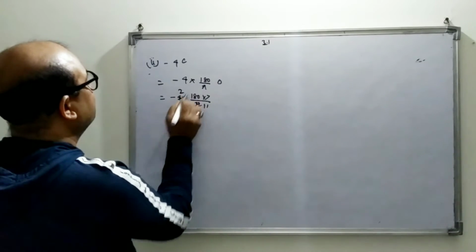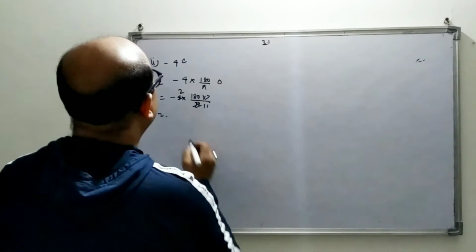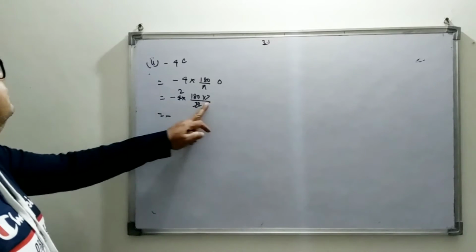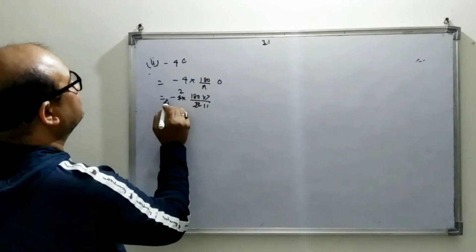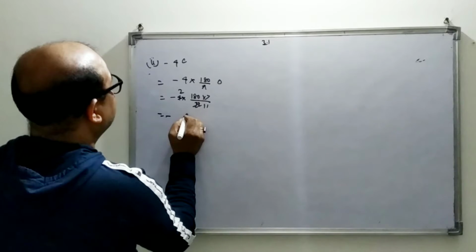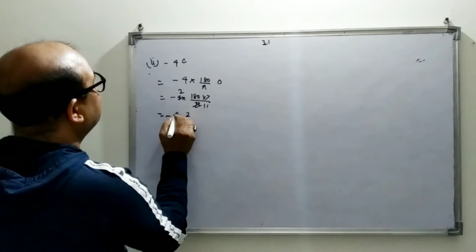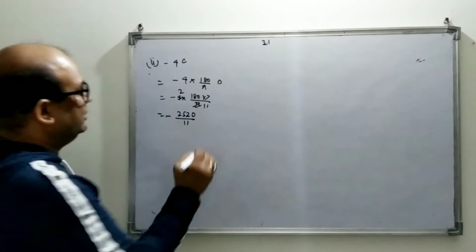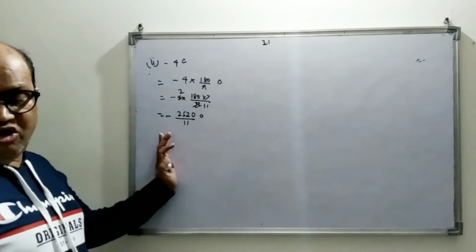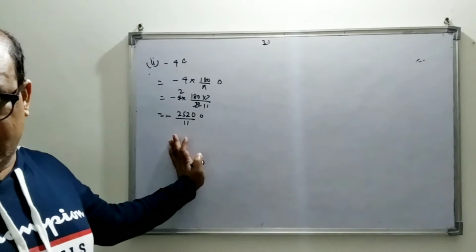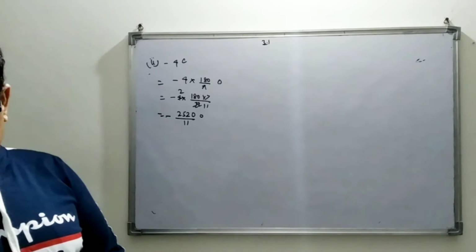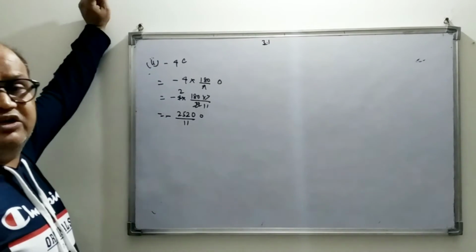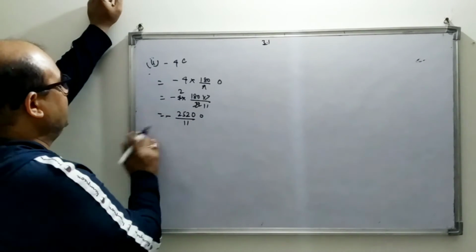That gives you 2520 by 11 degree, with the minus sign. Now convert it into degree measure.